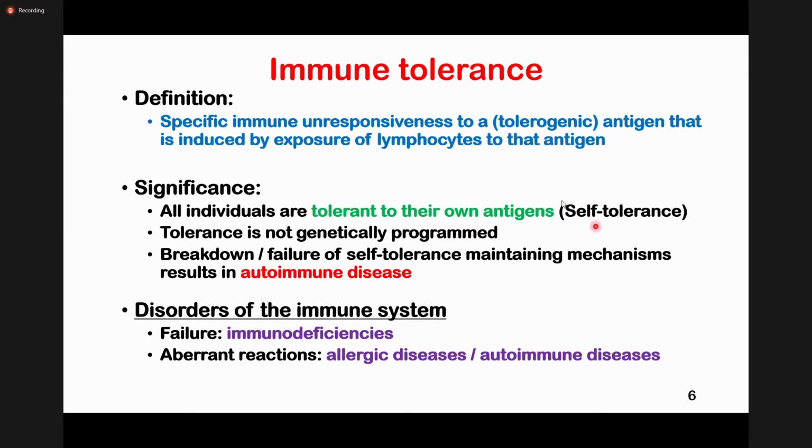Tolerance is not genetically programmed; it's not from your genes or your parents. The breakdown or failure of self-tolerance maintaining mechanisms results in autoimmune disease, meaning if your immune system does not tolerate your self antigens and recognizes them in a pathogenic way, it causes autoimmune disease.